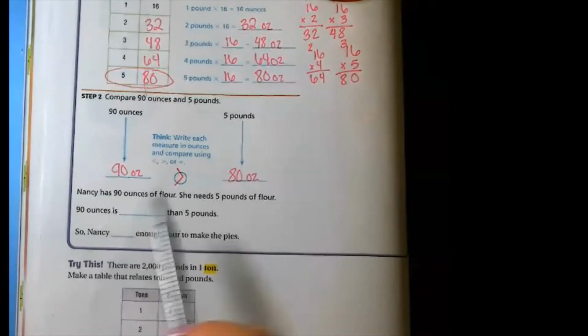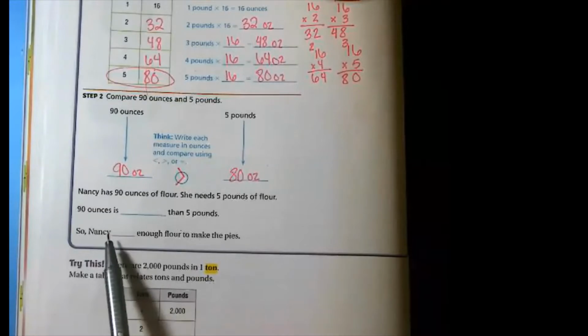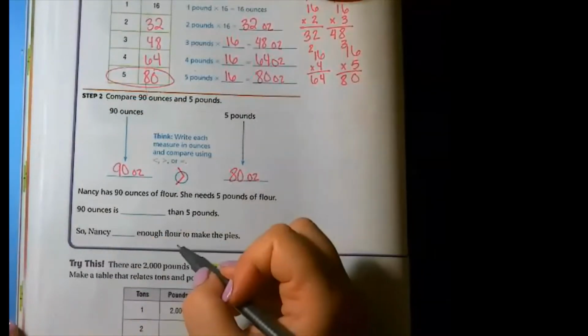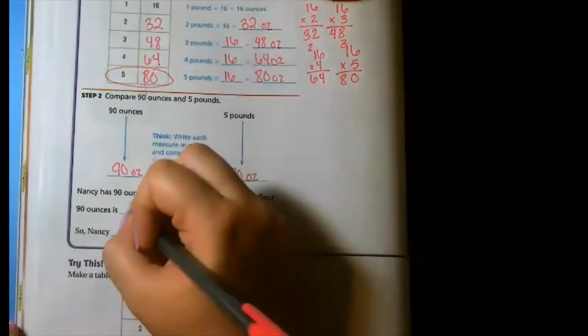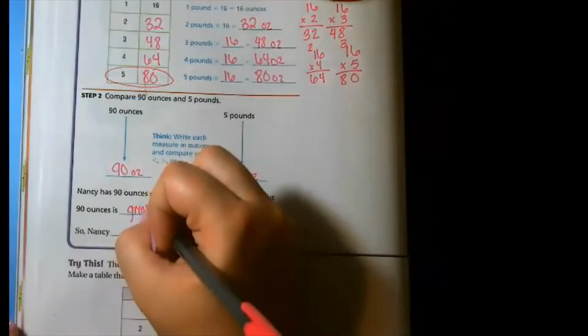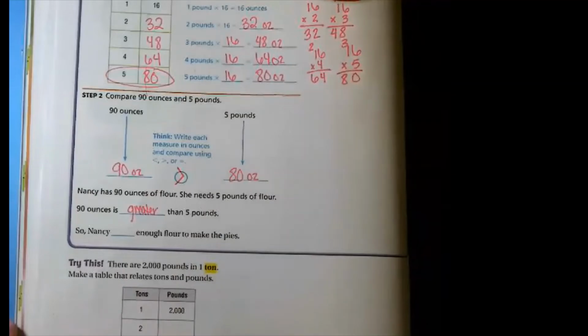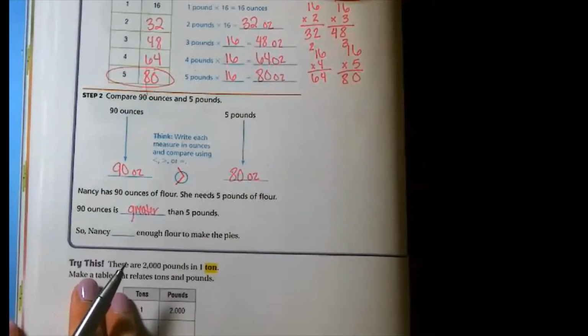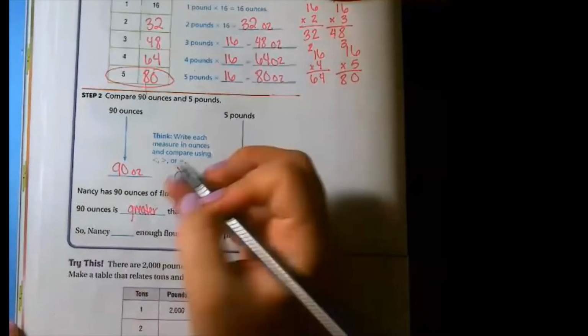So how would we complete the sentence? 90 ounces is greater than 5 pounds. So Nancy has enough flour to make the pies.